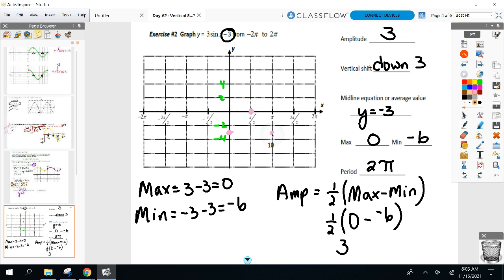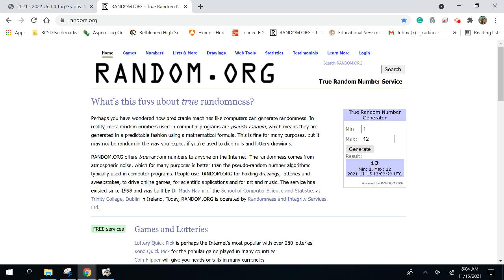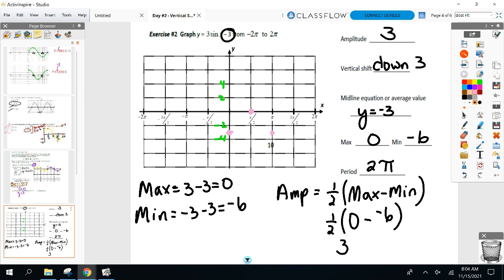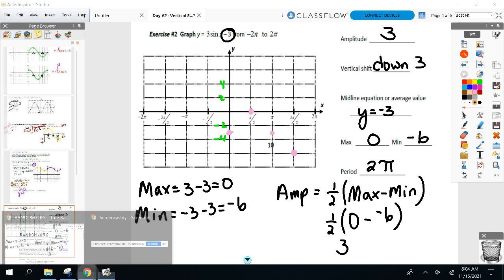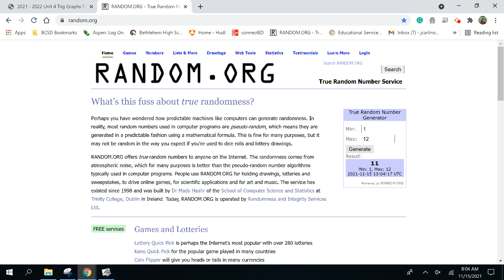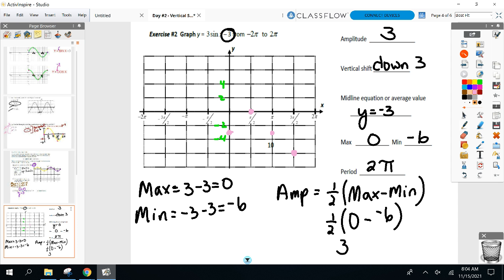Negative 3. Guys, stop and ask here, please. 0 max 0. Sine curve goes where now? Minimum. Already did the work. -6. Right here. Where's the sine curve end? Back at 0, which for us in this graph is -3.